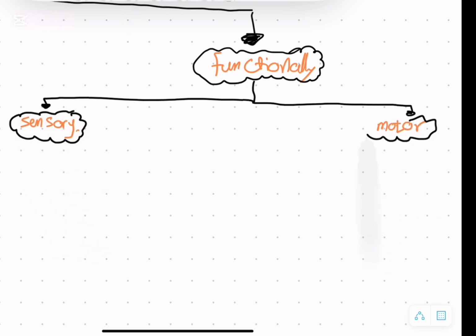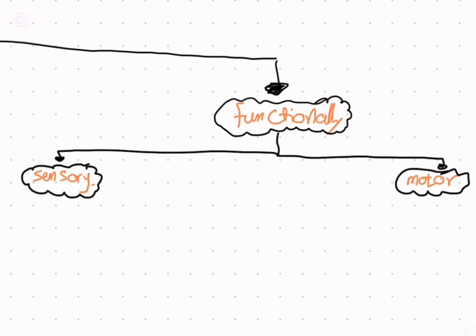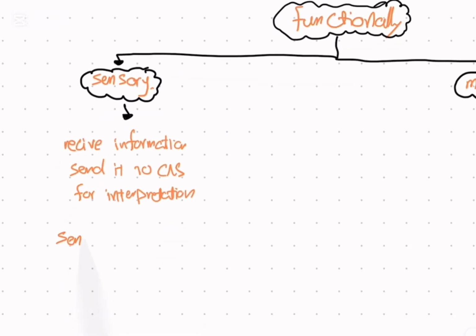As the name suggests, the sensory division is responsible for gathering information from both the external environment and from within our bodies. This includes input from receptors in the skin, vision, hearing, and internal organs such as the heart and the digestive system.